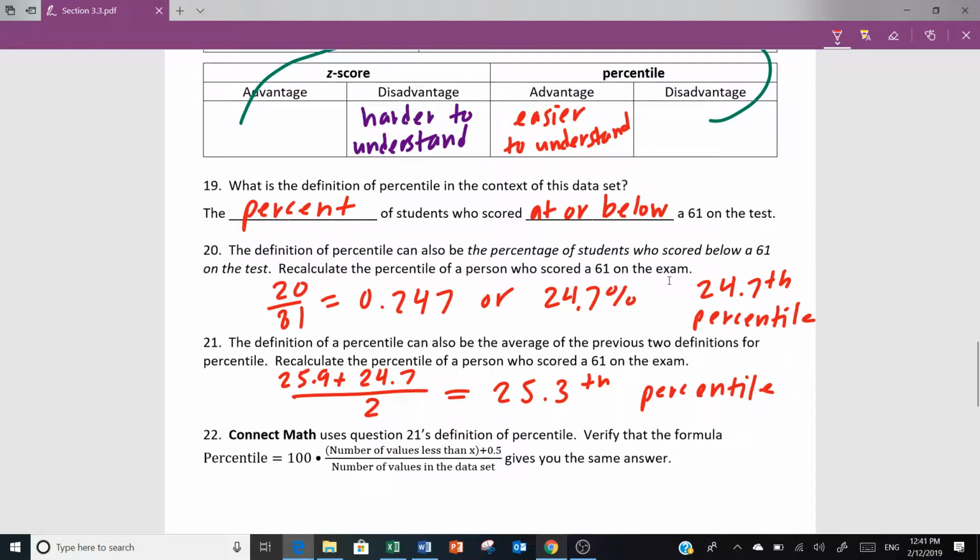So the number of values less than X is 20. So we have 100 times 20 plus 0.5 over 81. When we do that, we get the same number, 25.3.